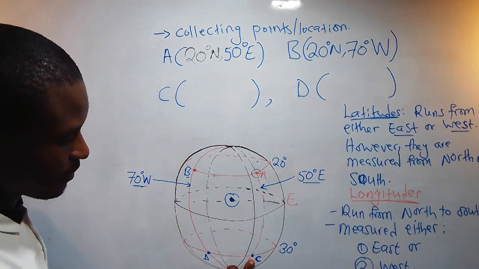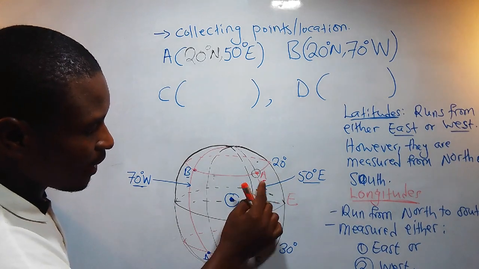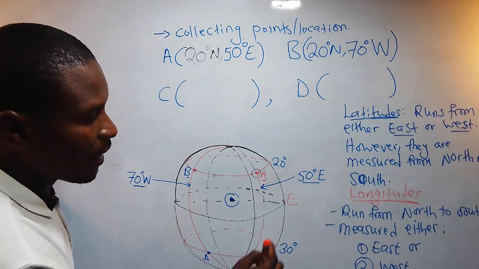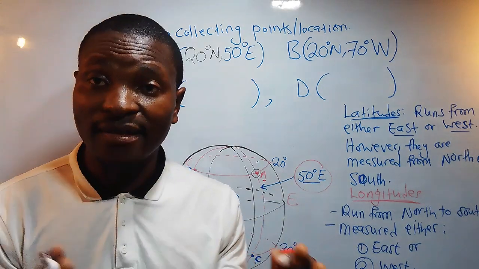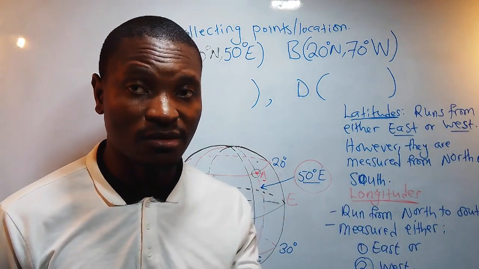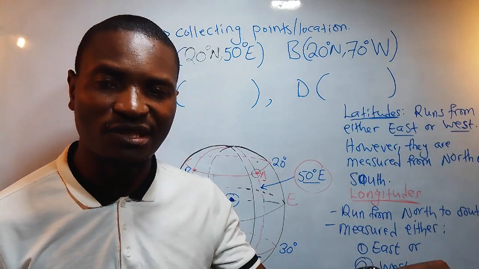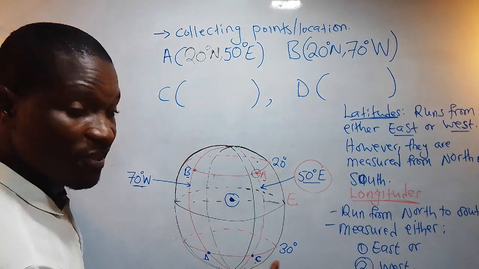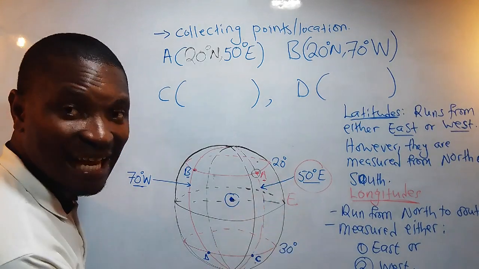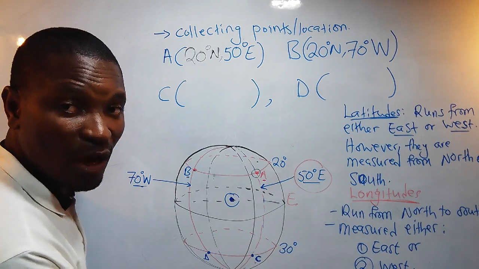And then C. When you look at C, A and C are on the same longitude. Does that make sense? So we understand that it is on the 50 degrees east, and it is on the down part, below the equator, and that is the southern part.